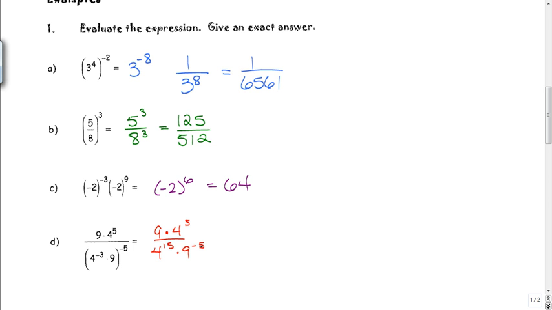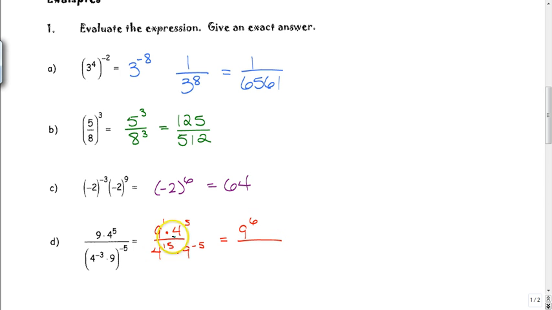So remember, we're subtracting here. So we have 9 to the 1 up top, and we have 9 to the negative 5 down in the bottom. So that means, first of all, the 9 to the negative 5 on the bottom wants to jump up to the top. So he wants to be added to the top. Or 1 minus a negative 5 will still tell you that this is 9 to the 6th power.